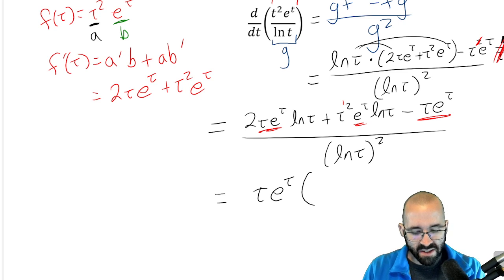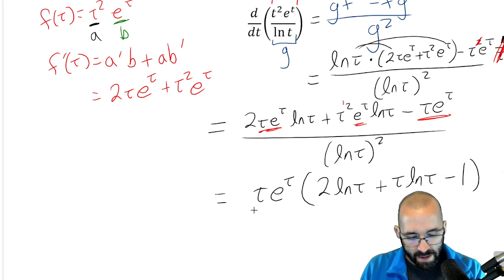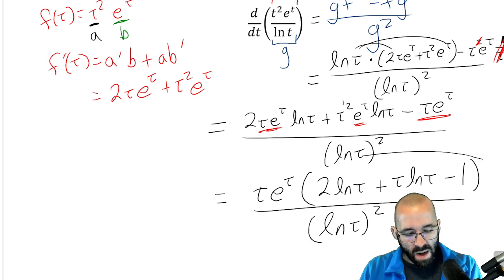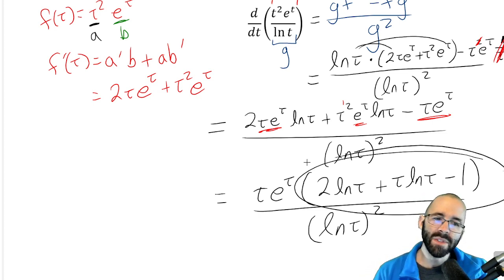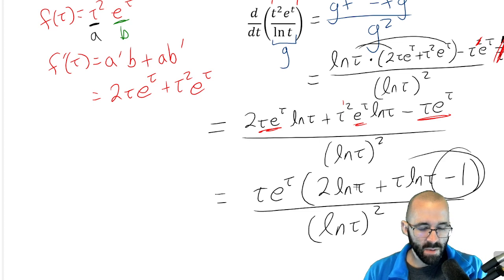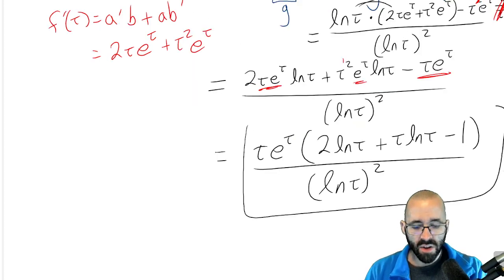So when we factor this out, what's left over? It's just 2 ln t plus t ln t minus 1. And we'll double check to see if there's anything else that we can factor out of here. And there's not. We can almost factor out a natural log, but this term doesn't have a natural log, so this is fully simplified.